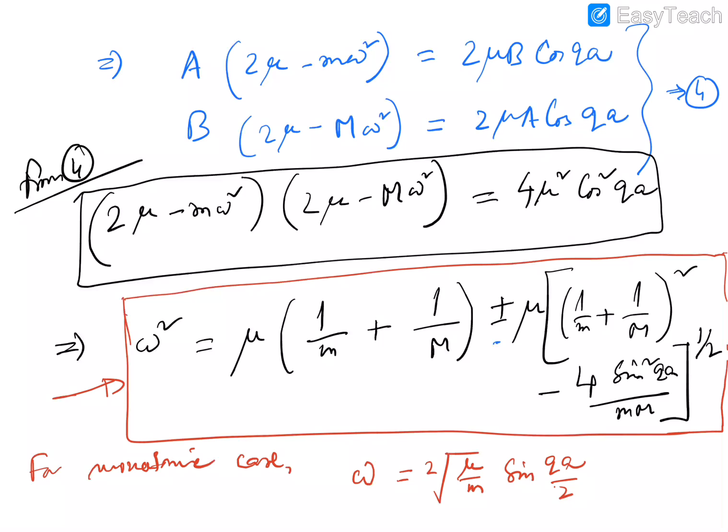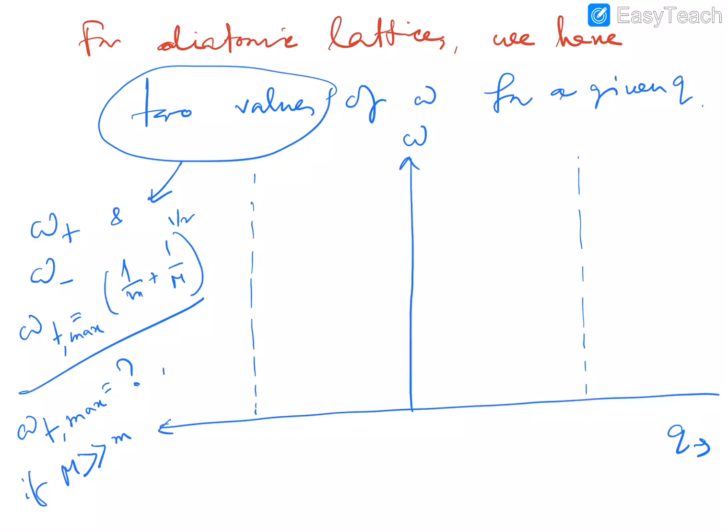So this you can solve, and if you plot this, you will see a similar behavior, but the zone boundary is now pi by 2a.